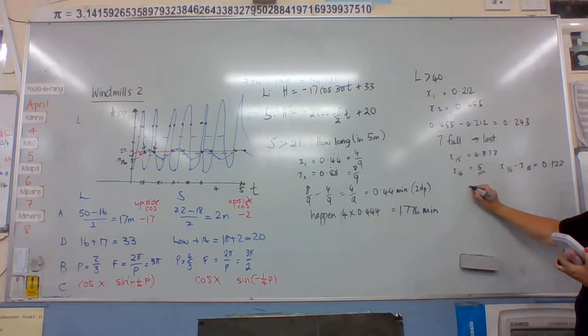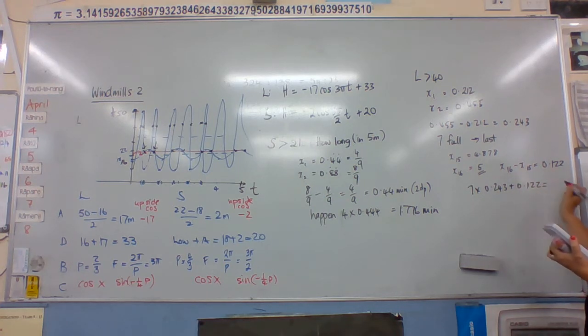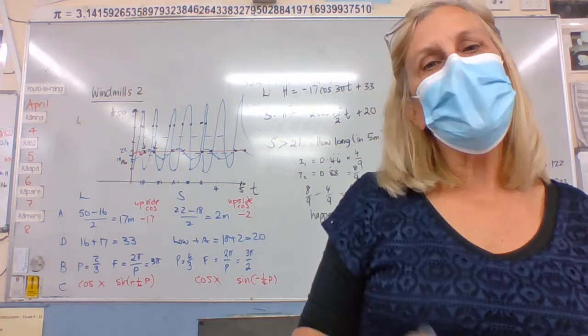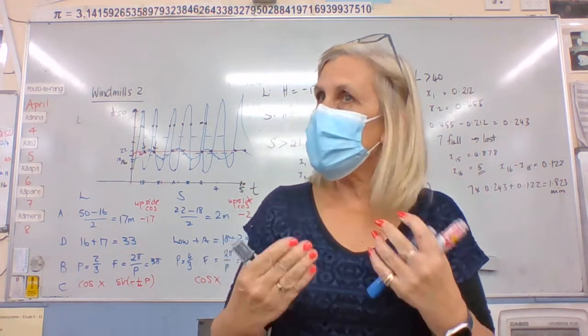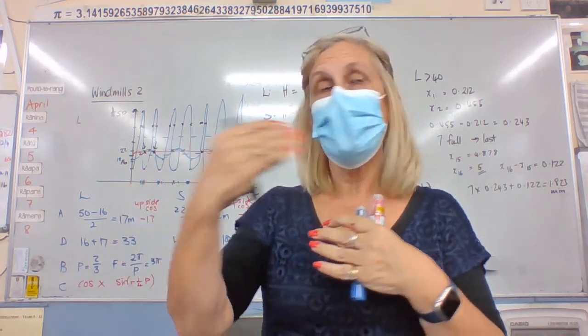So I've got 7 times 0.243 plus 0.122 equals 1.823 minutes. Okay. So what next? The last one is your excellence, because it's dealing with both graphs and an interval.